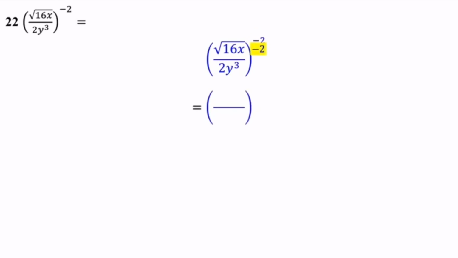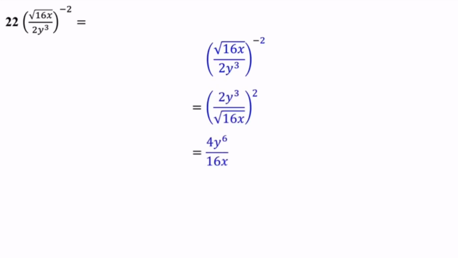When you make it positive, remember you have to inverse the fraction, because it becomes 1 over the fraction. So the fraction will be inverted. 2y power 3 goes up, and the square root of 16x goes down. Remember that a to the power negative n is 1 over a to the power n. So you have to inverse.